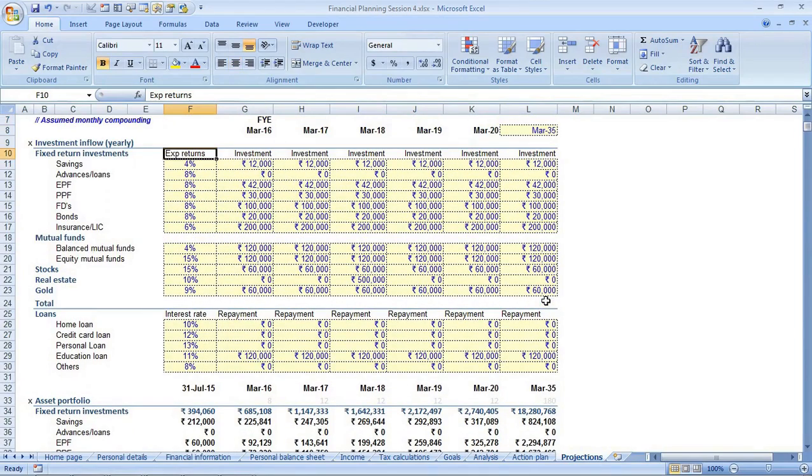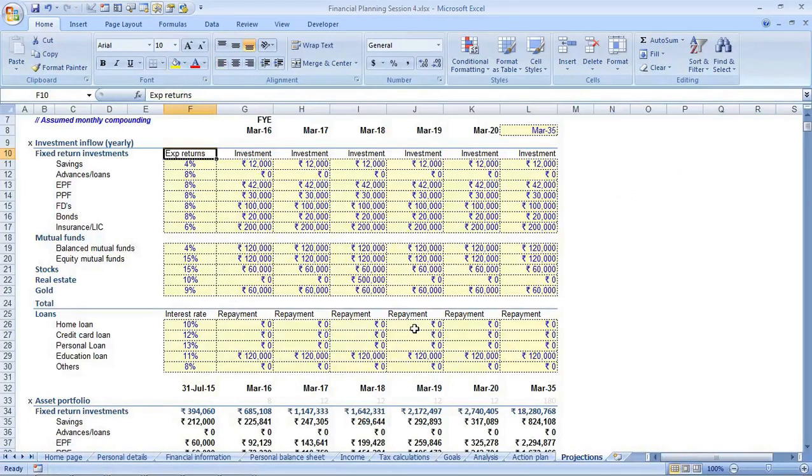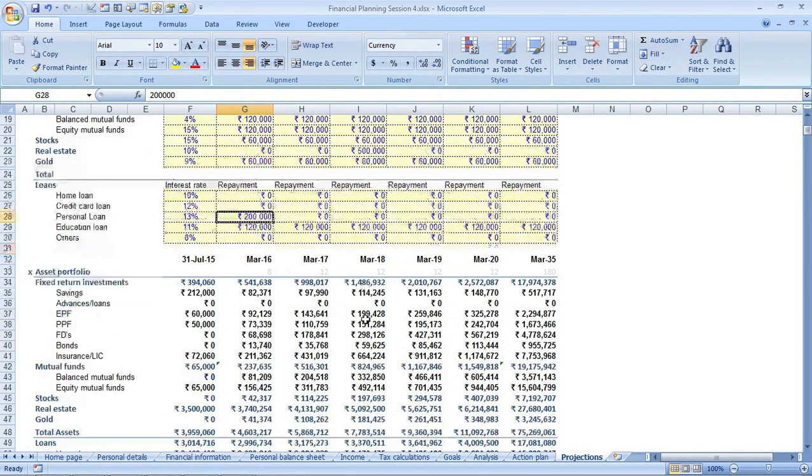So our first objective is to pay the loan as soon as possible. What we'll be doing is taking out 2 lakhs from here and repaying the personal loan.